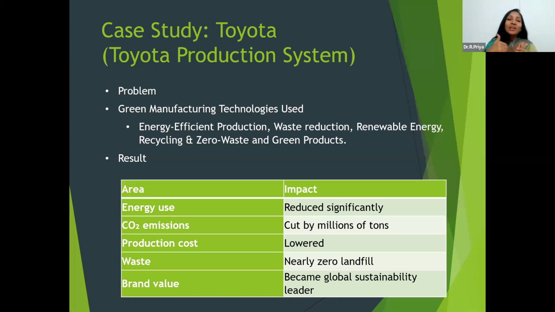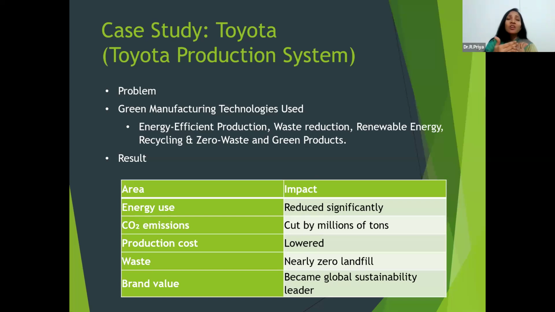Then the third technology, renewable energy. Toyota uses solar panels on factory rooftops, wind energy in manufacturing plants, and biomass boilers. Many Toyota plants now operate with over 50 percent renewable energy.